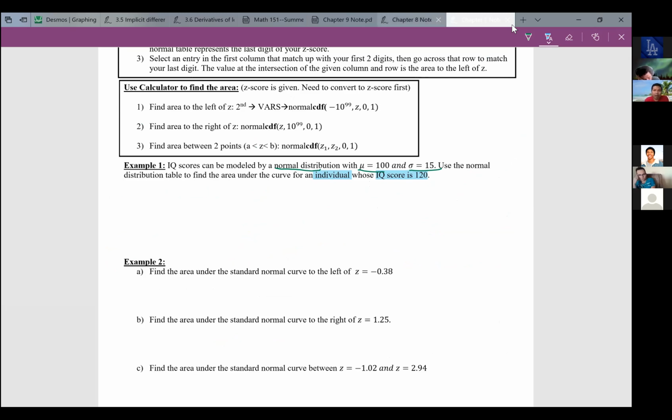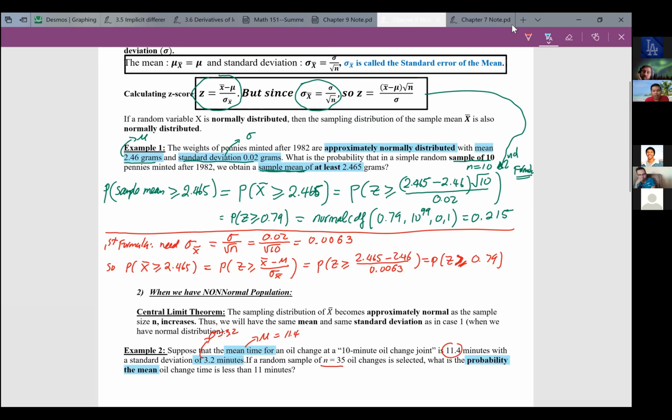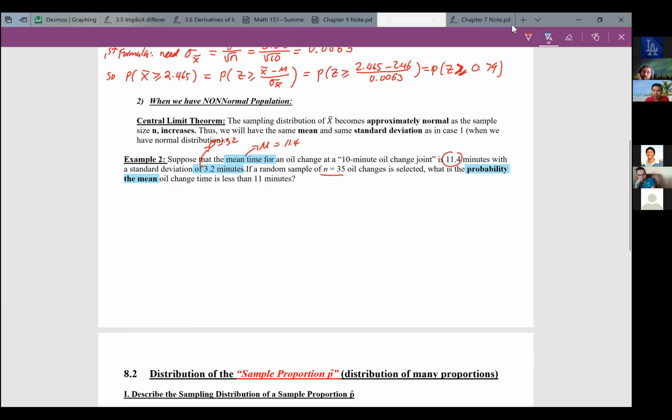So that's how we know the difference between chapters 7 and 8 one more time. I want to find the probability that the mean is less than 11 minutes. This is equivalent to the probability that X bar is less than 11 minutes, okay? All right, so go ahead and finish the rest of that if you can and see what you get for the answer.